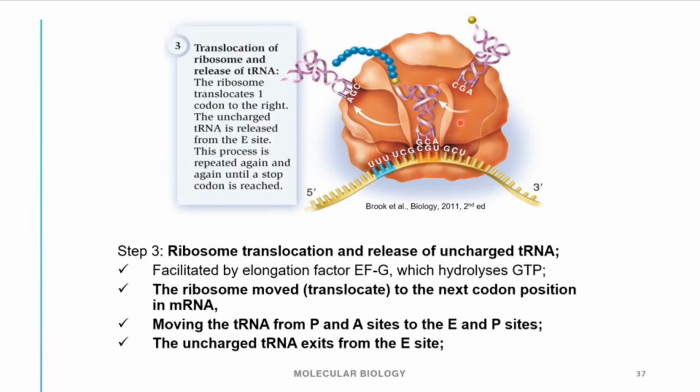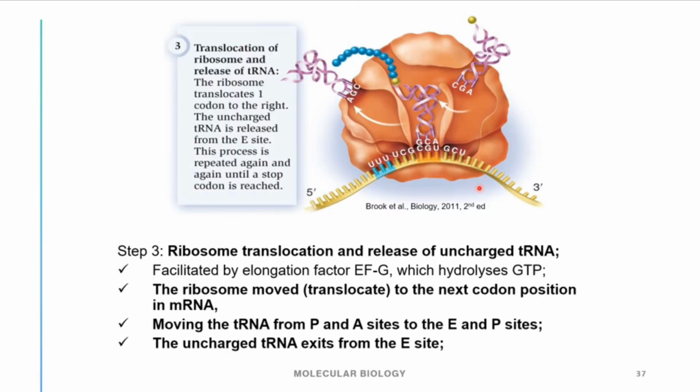The second tRNA that we saw coming in is then moved into the A site together with the growing polypeptide chain, and then to the P site. So and then the A site is now empty. This will actually allow the next tRNA to enter, and then it will basically go back to step 1 of the elongation process.